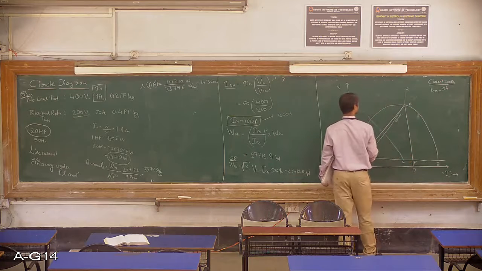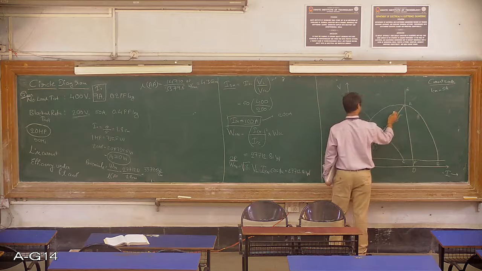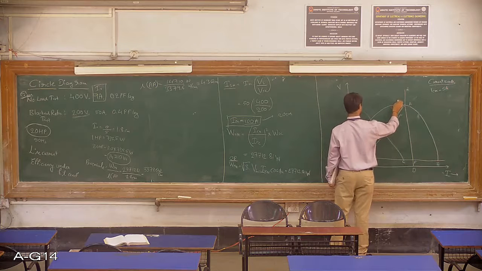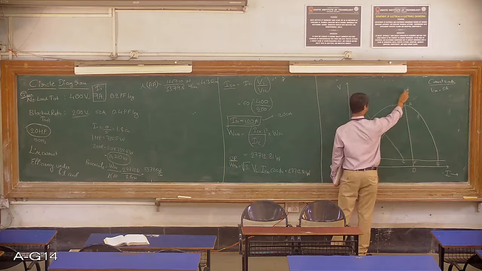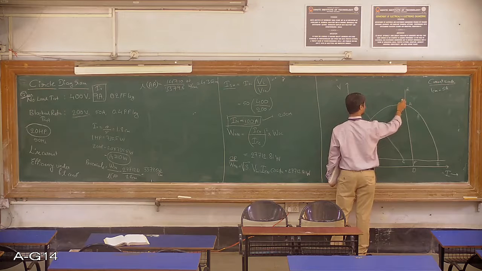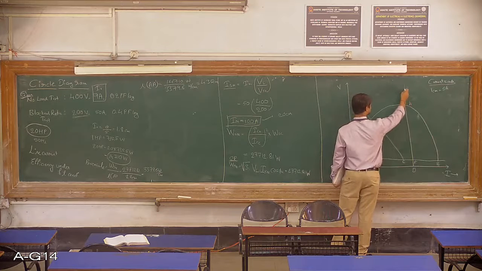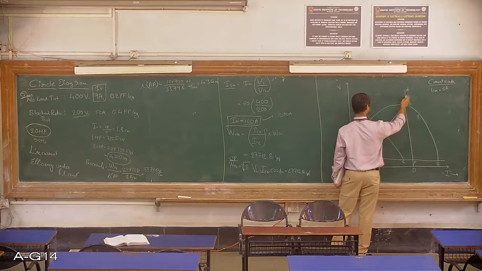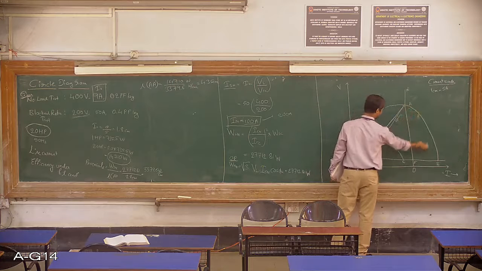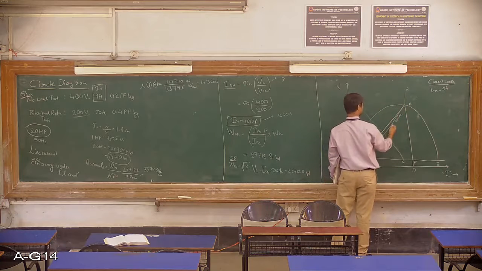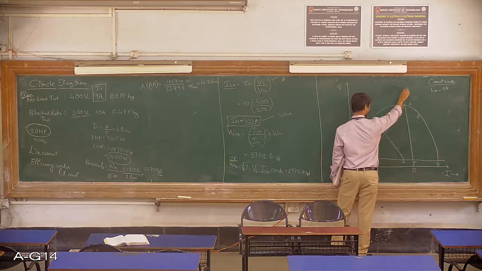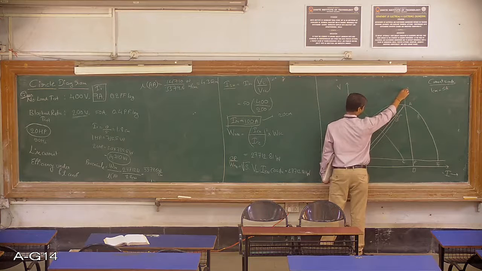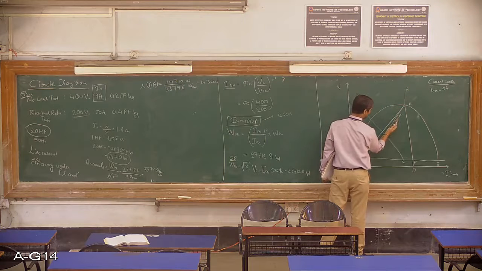Now to calculate all those remaining parameters, but this is in the ratio. This is not the actual point. The actual operating point will always lie on the semicircle. So draw a horizontal line from the point A dash to the output line.